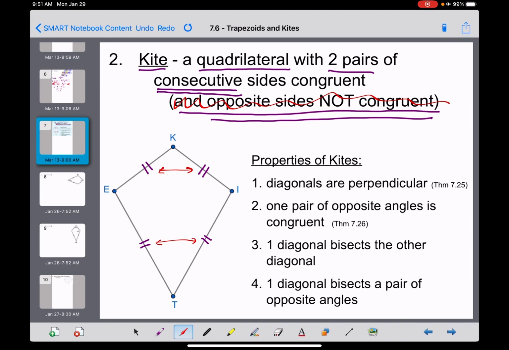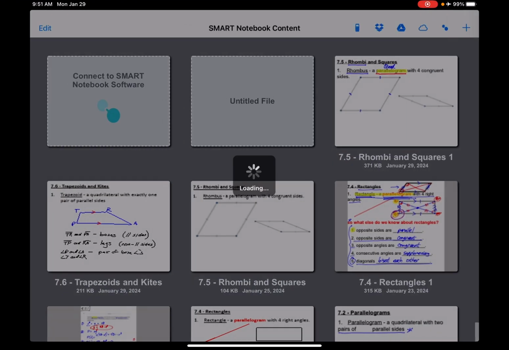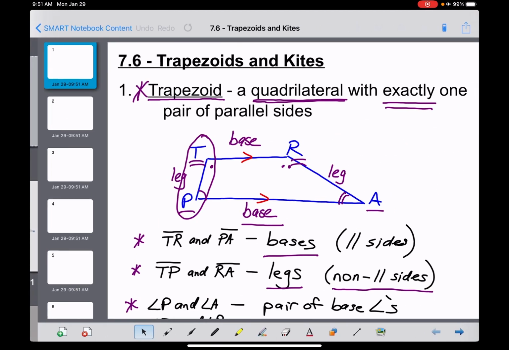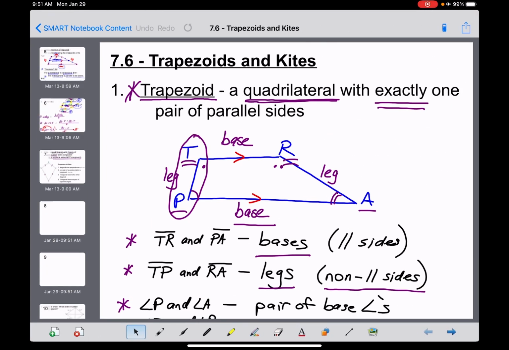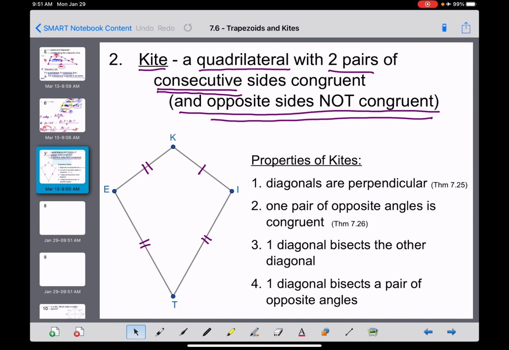But I'm hoping you guys recognize that would mean that we have 4 pair congruent sides there. That would make this figure a rhombus. And a kite is not a rhombus. So that's why that last statement right there was really important. Okay, guys, that's the definition of a kite.